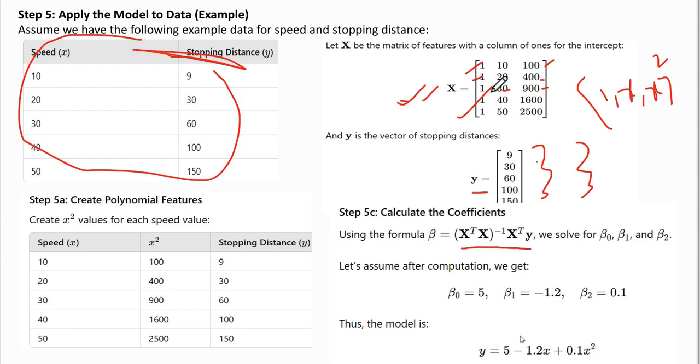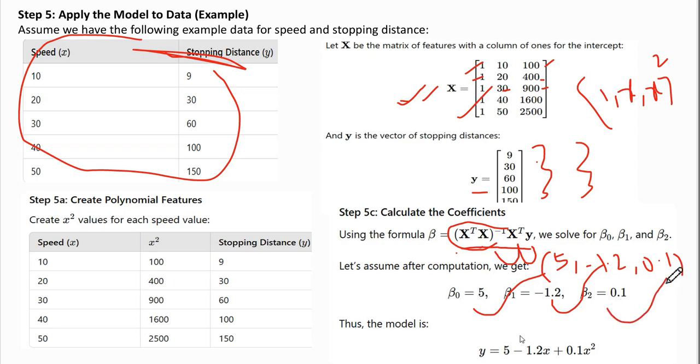First we have to find the transpose of X, that is multiplied with X. The whole thing we have to find the inverse of, that is multiplied with X transpose, that is multiplied with Y. Then we are getting a matrix like this: 5, minus 1.2, 0.1. Now in this, beta naught is 5, beta 1 is minus 1.2, beta 2 is 0.1.